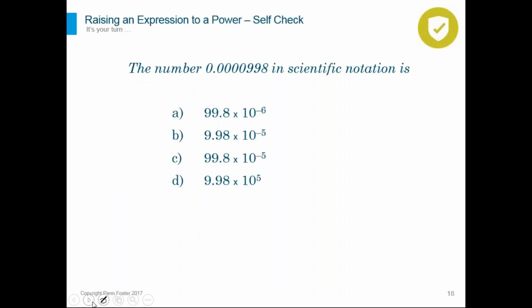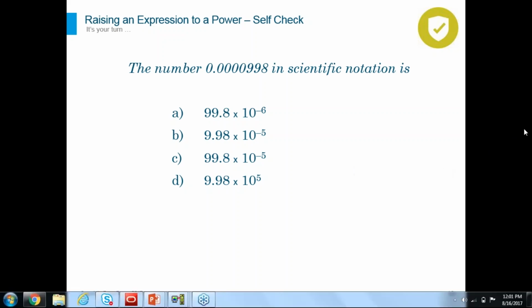Okay, a self-check question, the same idea. You have an extremely small number, and you're trying to represent that in scientific notation. I'm going to put the other screen on because the question appears better on the other screen. So here you go.